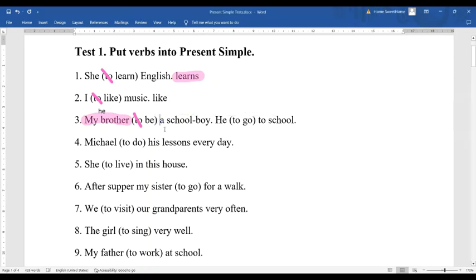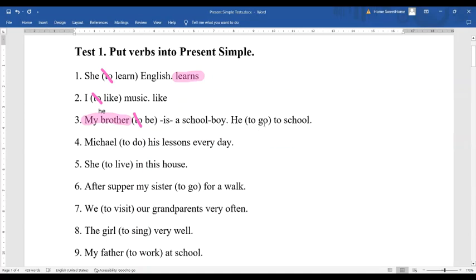It will be is in third person singular, because verb to be also has many different forms. So, my brother, correct answer is my brother is a schoolboy.